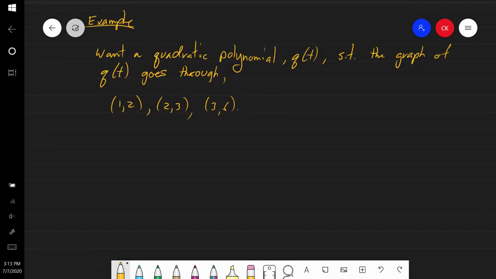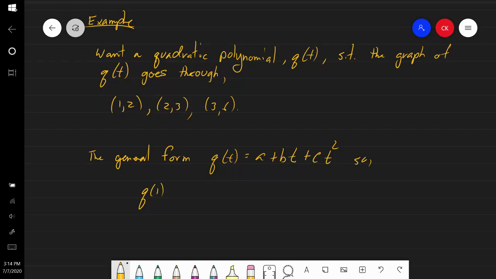So let's see what the general form is. The general form for q of t, if it's just quadratic, is going to look something like a plus bt plus ct squared. So if we evaluate at 1, from this first data point, the output is supposed to be 2. So q of 1 is equal to a plus b plus c, and the output there is supposed to be 2.